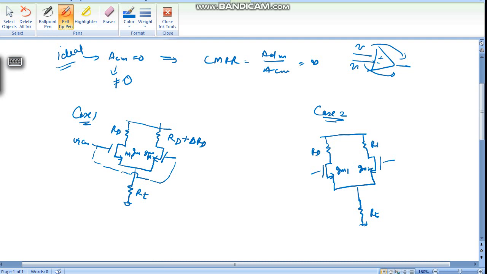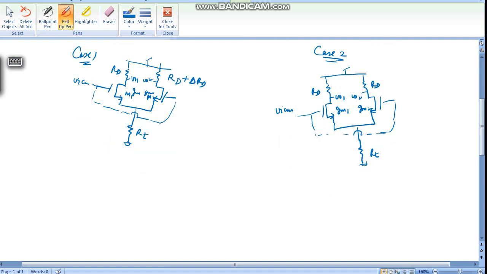Okay, but these are the same. So this is VO1, this is VO2, this is VDD, and this is VICM. Consider these two cases, and this is say VT.